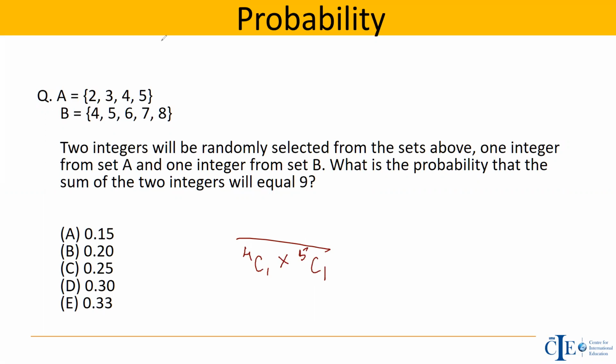And see how many combinations would give you a 9. So 5, 4, 4, 5, 3, 6, 2, 7. You won't get 8, 1. There's no 1 in that case. So there are only 4 cases. Right. So 4 over 4 into 5 cancels. That's 1 by 5. So therefore, 20%.